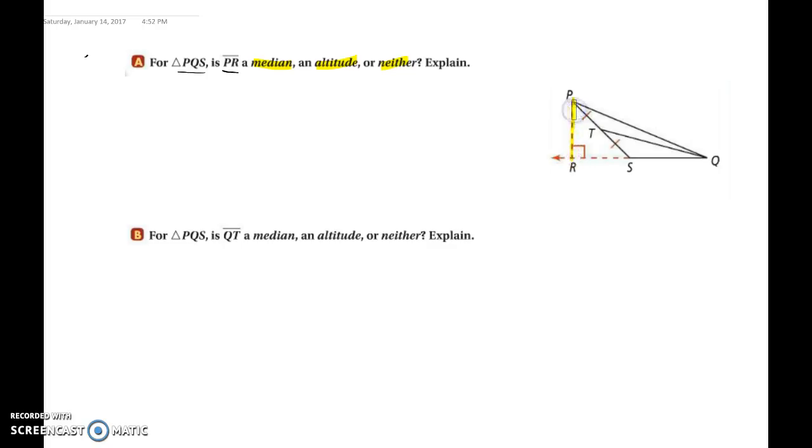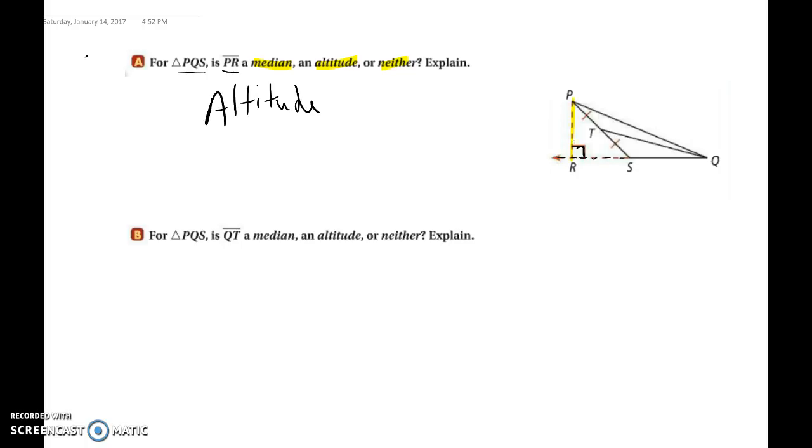When we look at PR, it's not intersecting in our triangle, so we know it can't be a median, but it does intersect and is perpendicular with the extension of the side across from it. So that means that segment PR is an altitude, because it is perpendicular with the extension of the opposite side.